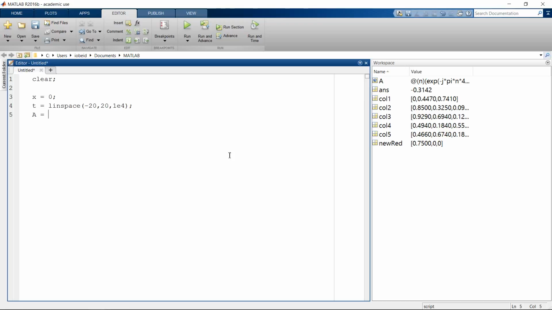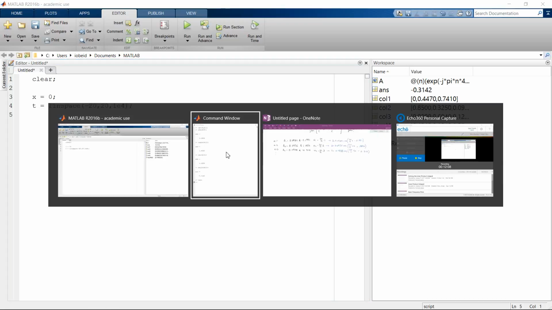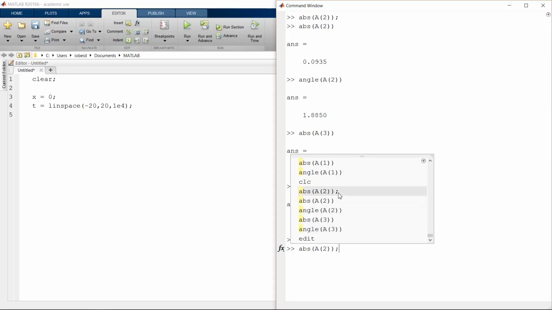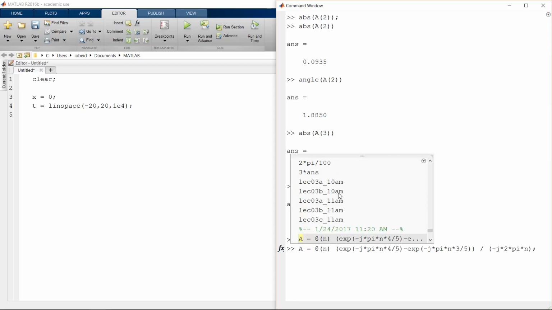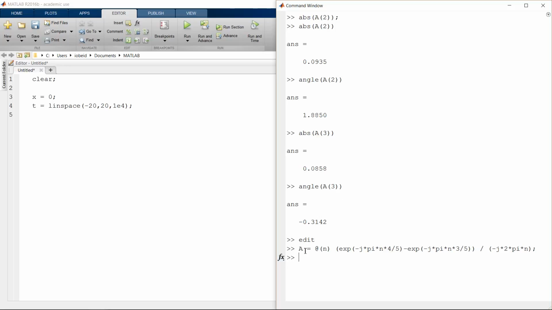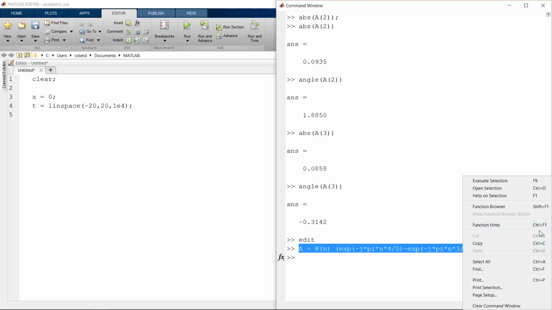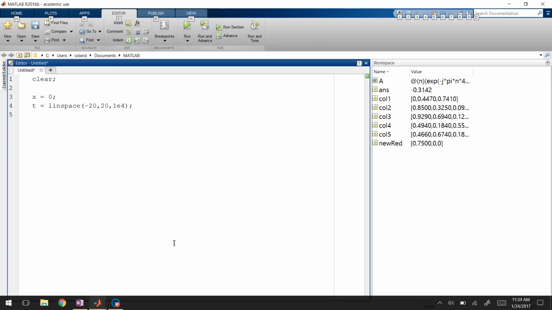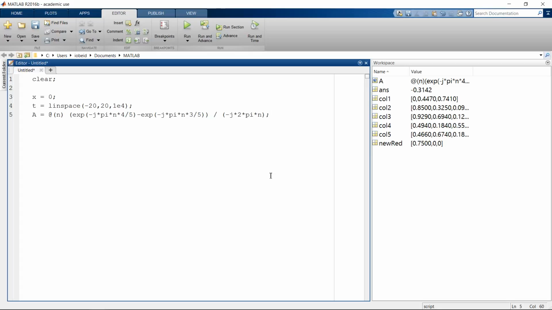Okay, a equals, actually we can just come back to our command line, find the formula for a, and copy it. Copy, paste. For now, I'm going to do this without a loop. We'll just do this bit by bit.